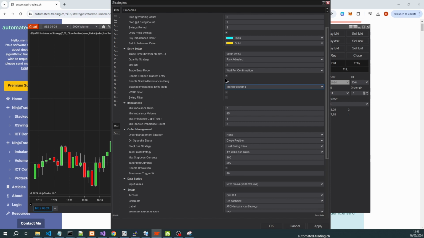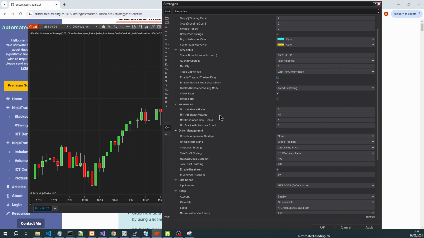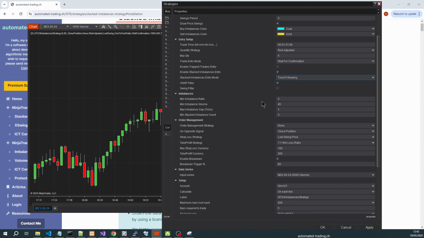So let's disable this trap trader entry. Let's forget about the trap traders entry, and we only enable this stacked imbalance entry. Also in this entry, we can choose whether to go with the trend or go in reversal, or let the algorithm decide which mode to use.